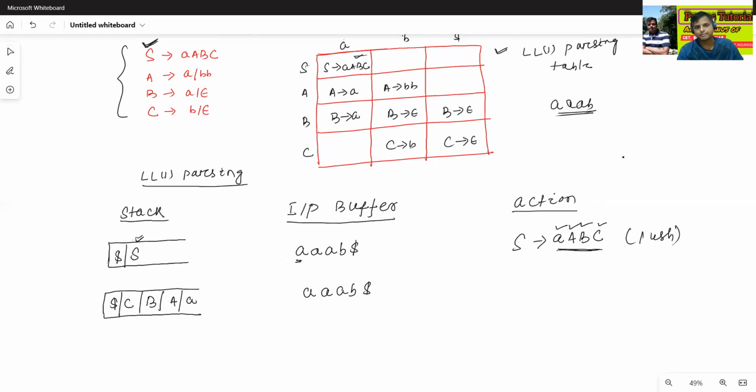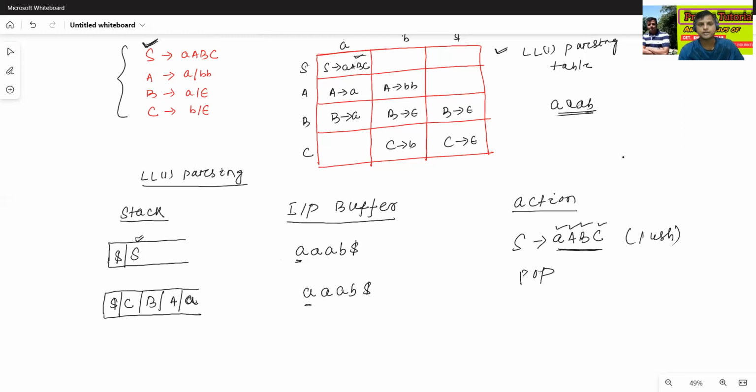See, the top of the stack here is small a, and here the leftmost element is small a. Both are matching. If both are matched, then we'll pop. Right? Then we'll pop.